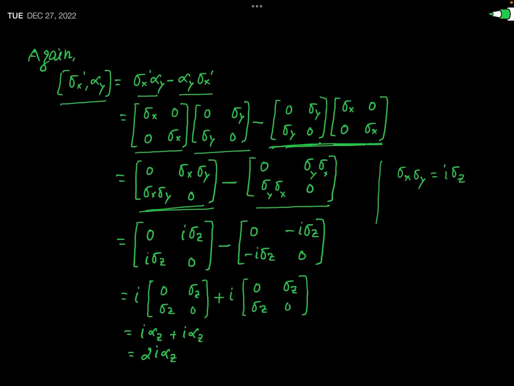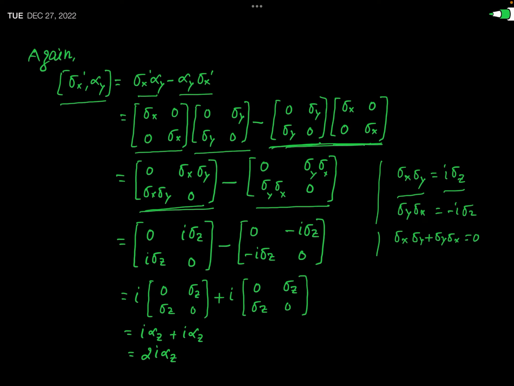So you know that sigma x sigma y is equal to i sigma z, and sigma y sigma x is equal to minus i sigma z, because these Pauli spin matrices anti-commute in pairs. Actually, sigma x sigma y plus sigma y sigma x is equal to 0 because they anti-commute in pairs.